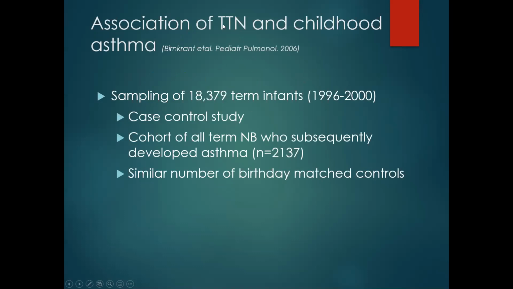And also some have questioned whether babies who had TTN early on will develop asthma later on. I mean, this has been floated many, many times using case control studies or cohorts of babies.